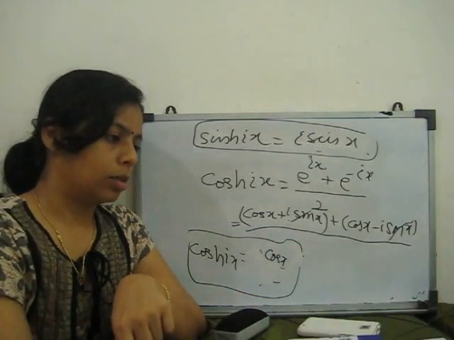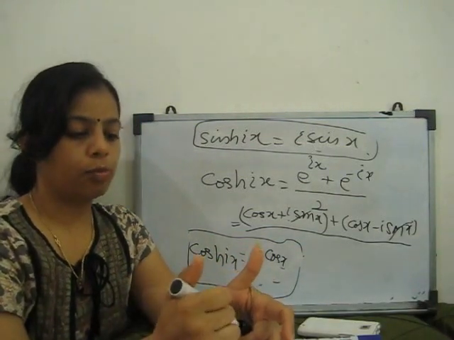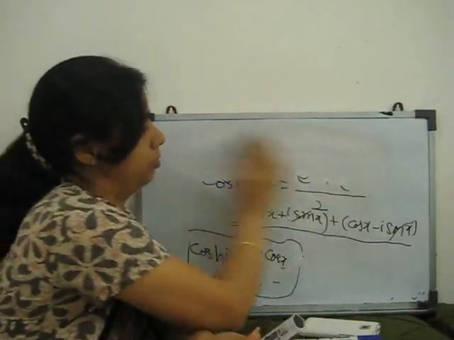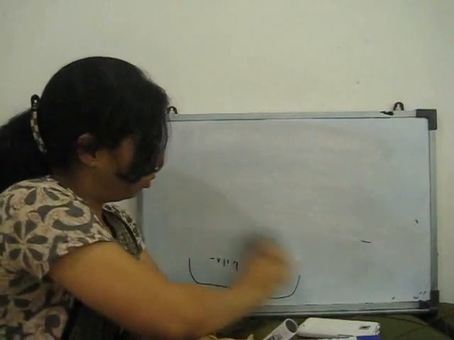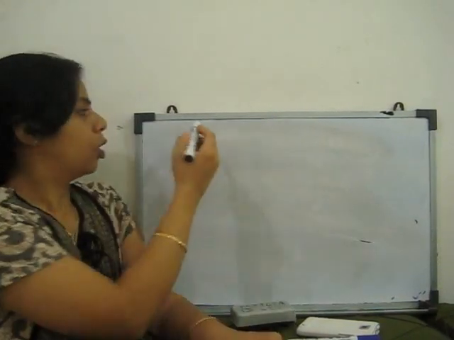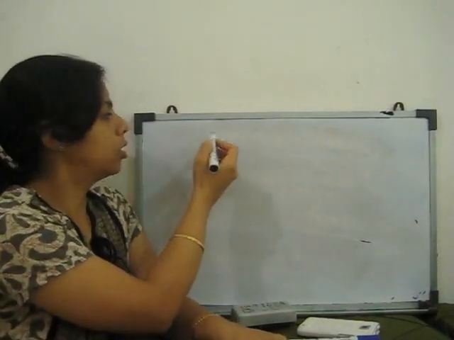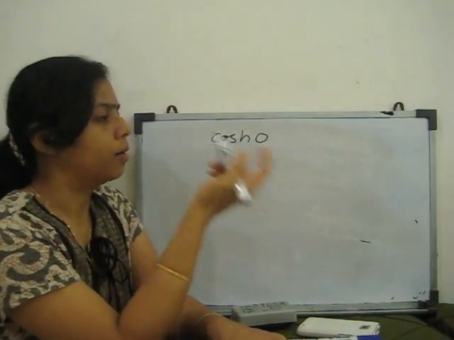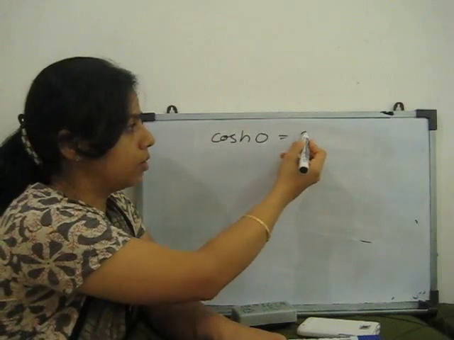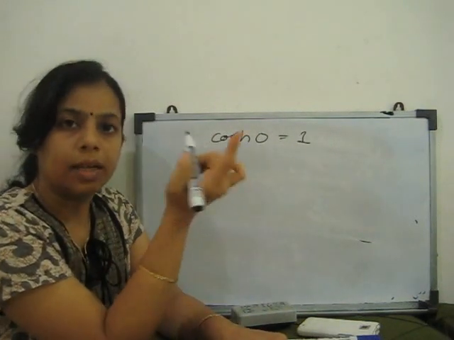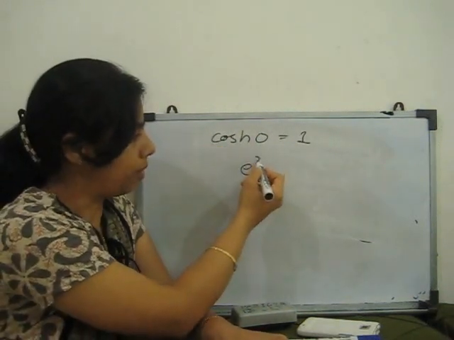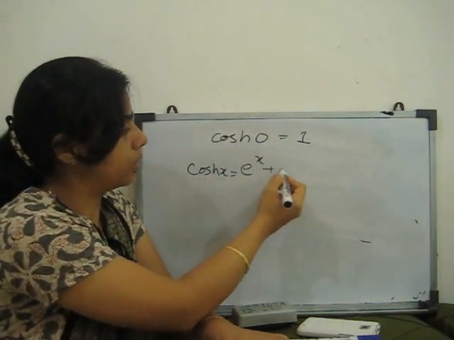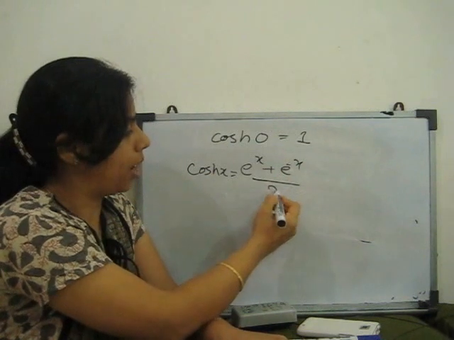Next, some more useful results. If you want to find cosh 0, we know this is equal to 1, but if you want to derive it, just use cosh x equals e to the power x plus e to the power minus x by 2.